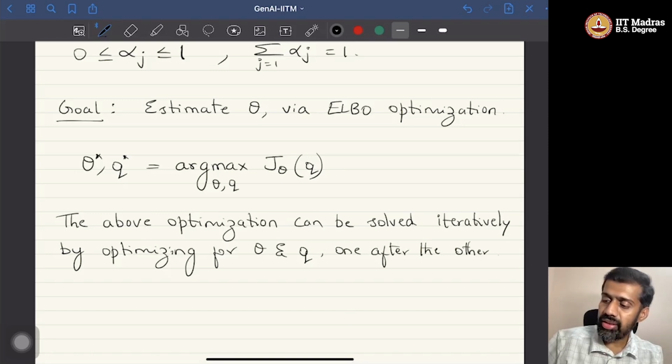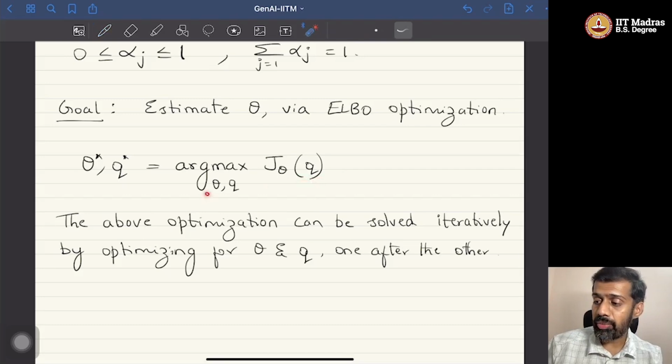While we need to optimize this objective function with respect to theta and q simultaneously, that cannot be done. One of the ways to do it is to come up with an iterative algorithm where we first optimize with respect to theta by keeping q fixed, and we optimize with respect to q by keeping theta fixed. So we do it iteratively.